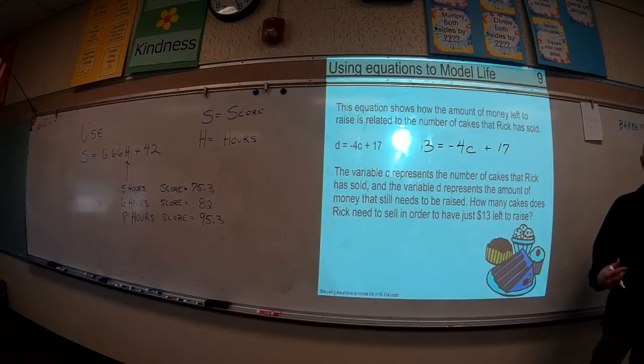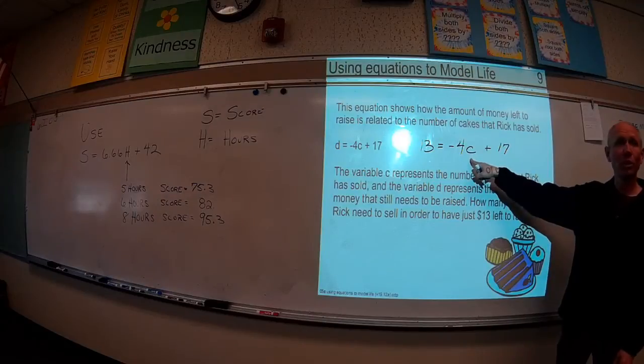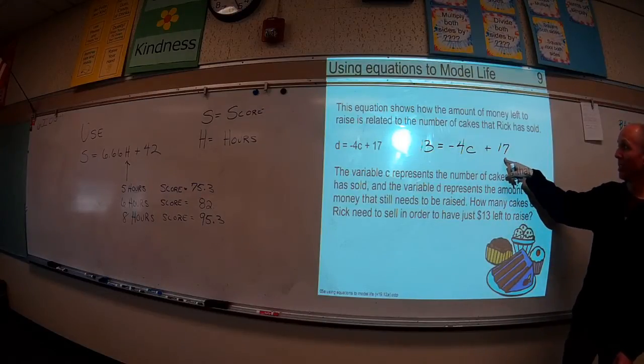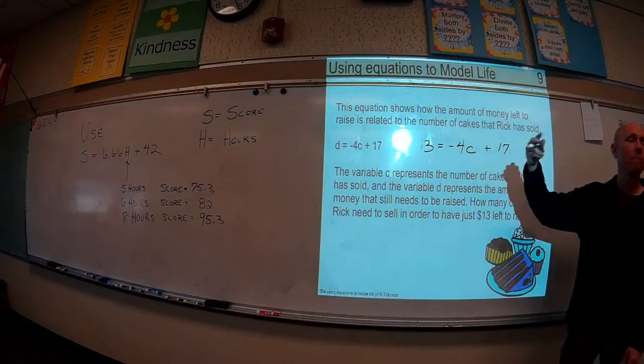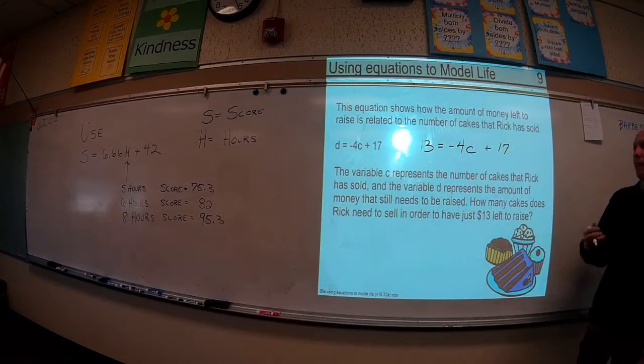You can either guess and check this, but pick another number. -4 times 1 is -4, plus 17 is 13. I'm trying to find the number that makes the equation true.